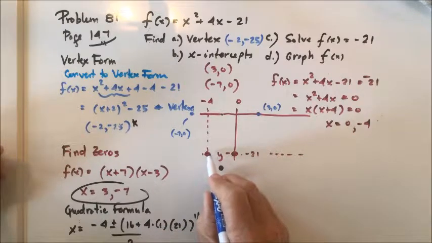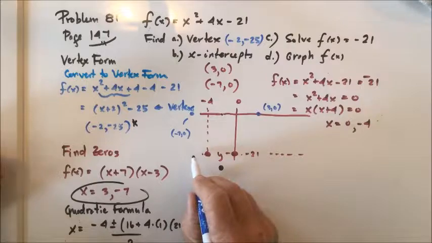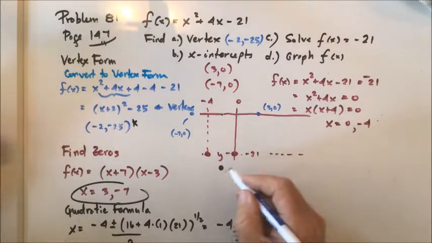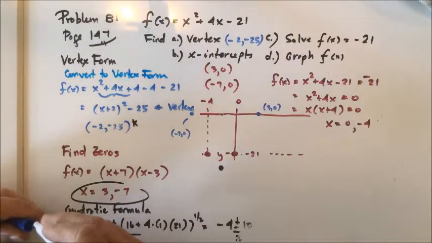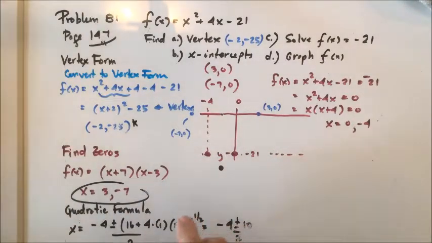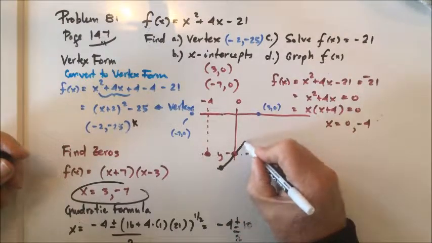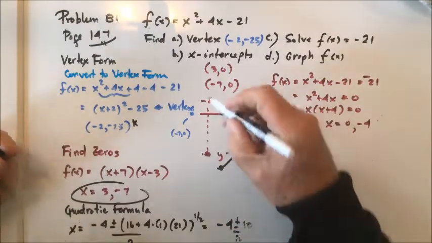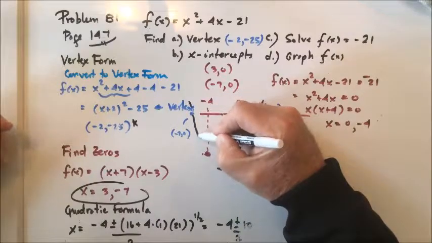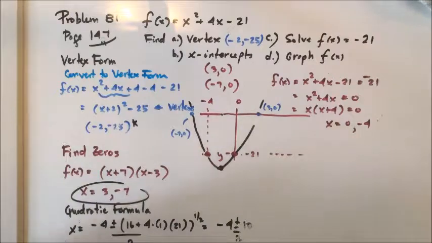And I know what two points the graph crosses over when y is equal to minus 21. It's these two as written. So pretty simple at this point to draw the quadratic that results. Thank goodness I didn't have more color pens. So that's problem 81, page 147.